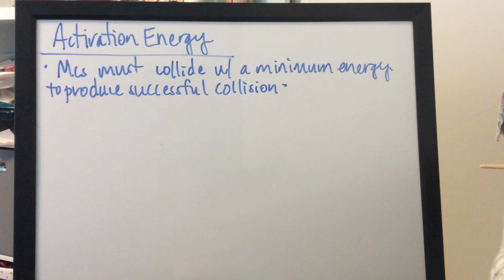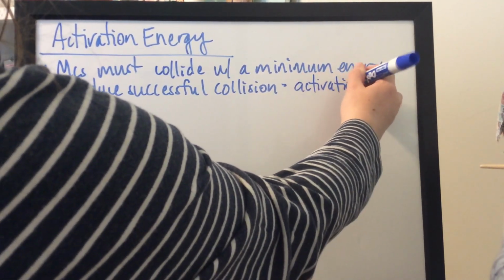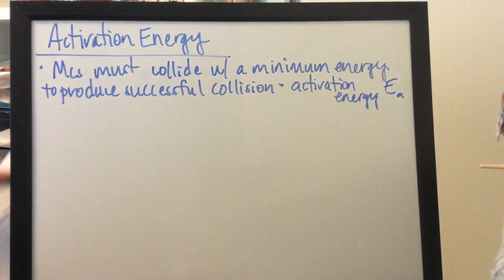And that minimum energy needed is called activation energy. It gets the symbol big E, little a, Ea.